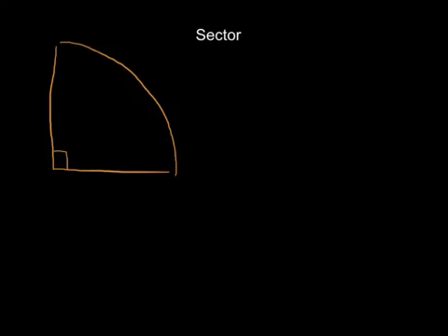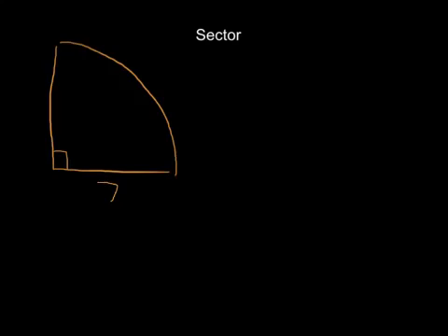Sectors of circles are a bit trickier again. They require a bit more calculation. So let's make up a value for our radius here, which is from the center to the edge, and let's make it 7. Now, this is a quarter of a circle. I know that because I have a 90-degree wedge of the circle.